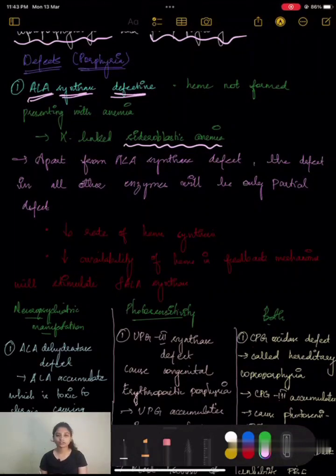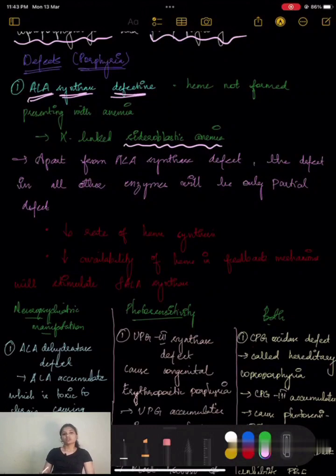Whenever there is a defect other than ALA synthase, there will be a decreased rate of heme synthesis and decreased availability of heme. In the feedback mechanism, it will stimulate the delta ALA synthase, so automatically there will be production of the heme.